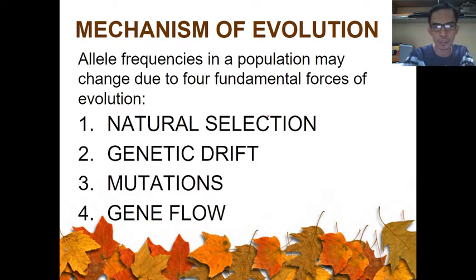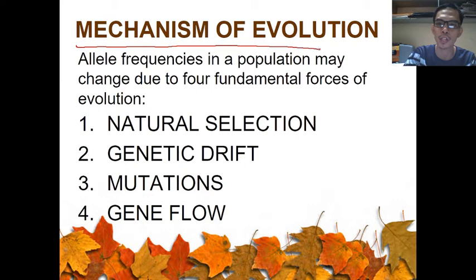As we continue, we have right here the four mechanisms of evolution. As you encountered with Charles Darwin, he identified the idea that species change over time. He called it evolution.